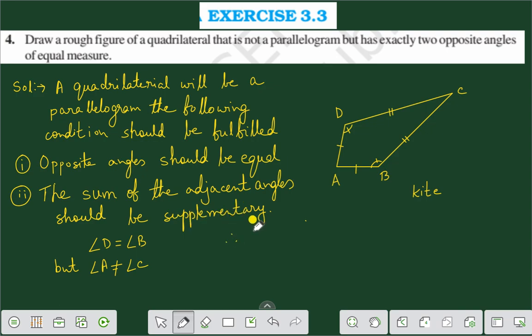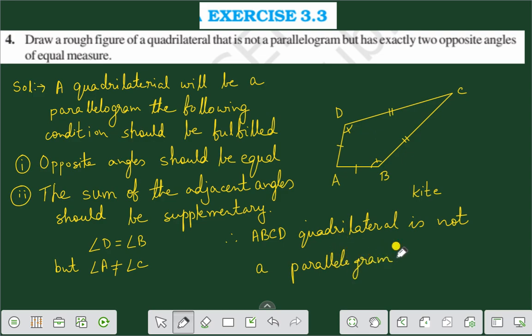Therefore, you can say that quadrilateral ABCD is not a parallelogram, because in this quadrilateral the two conditions are not satisfied.